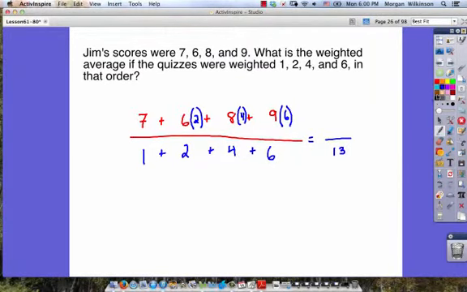Now let's add everything up in our numerator. 6 times 2, that's 12. And 7 plus 12, that's going to give us, well, if we work upwards here, that's 19. 8 times 4 is 32, and 9 times 6 is 54. 32 plus 54 must be 86.